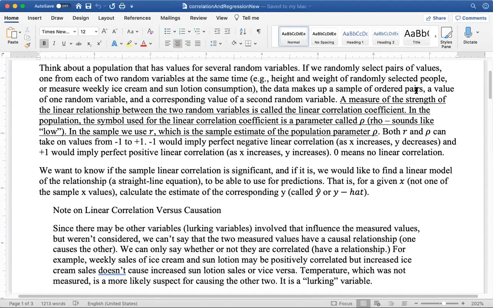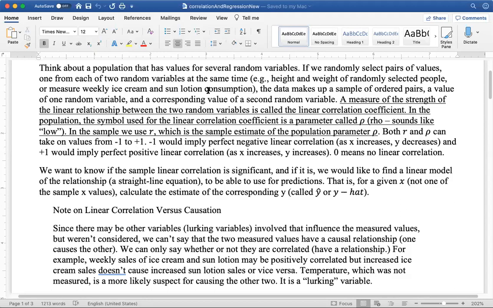If we're collecting values of two random variables at the same time, we might collect height and weight of individually selected people, or we may measure something like weekly ice cream consumption versus sun lotion sales. Those might be positively correlated, but if ice cream sales go up, that doesn't cause sun lotion sales to go up.